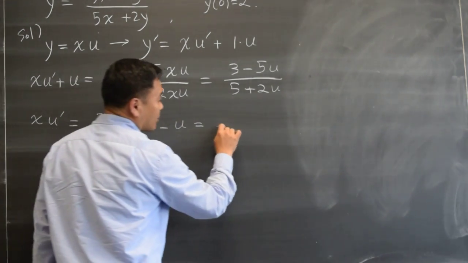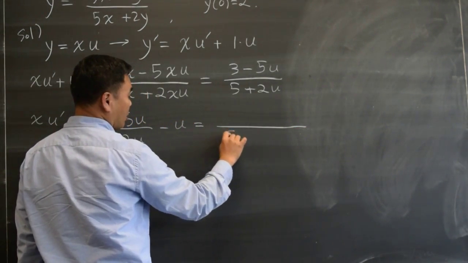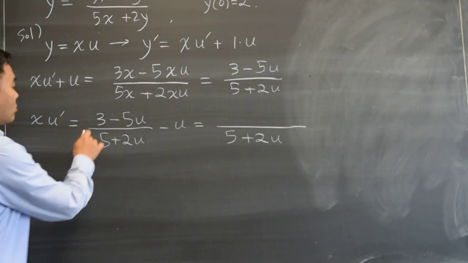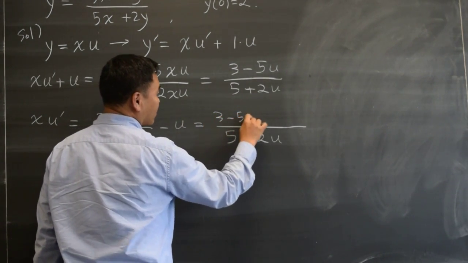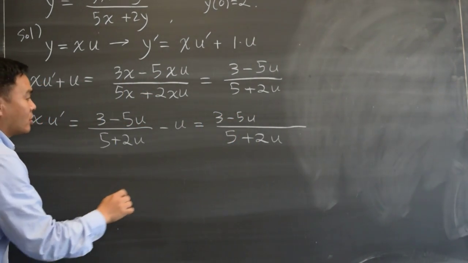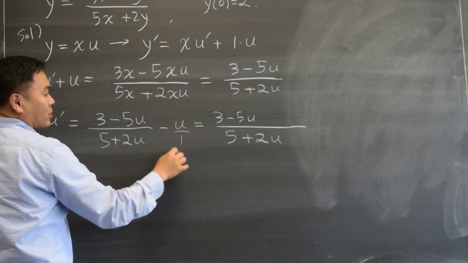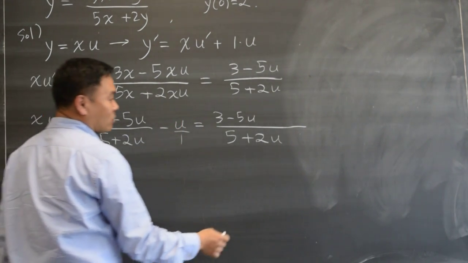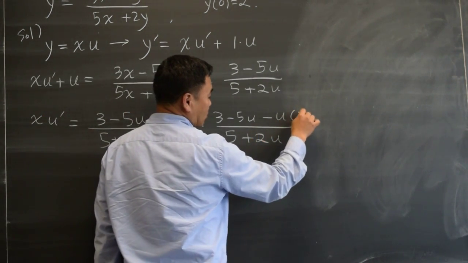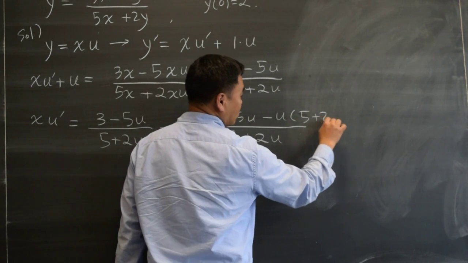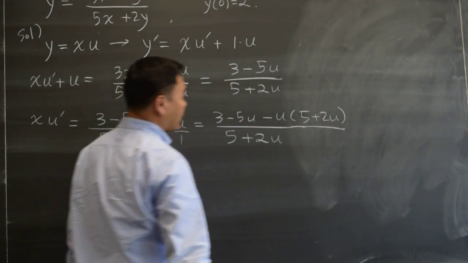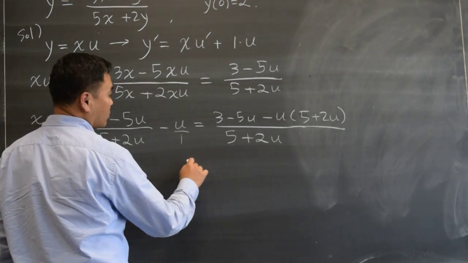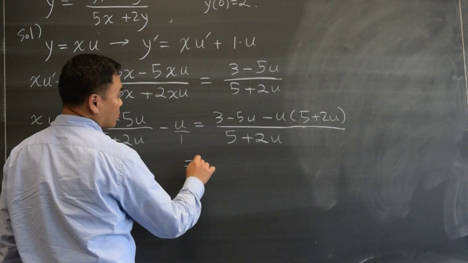In order to do that, I need to put common denominators. So I'll put the common denominator once. 3 minus 5u is from the first fraction, but think about u as u over 1. If you multiply 5 plus 2u top and bottom, then in the second fraction, the top will be 5 plus 2u multiplied by u.